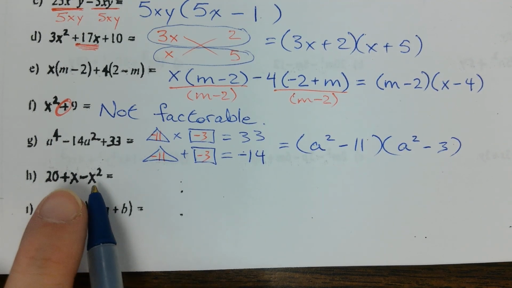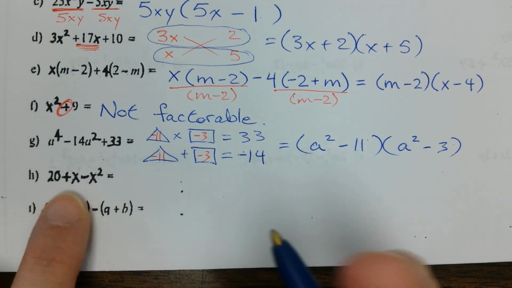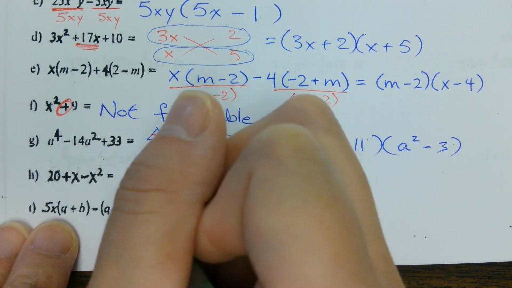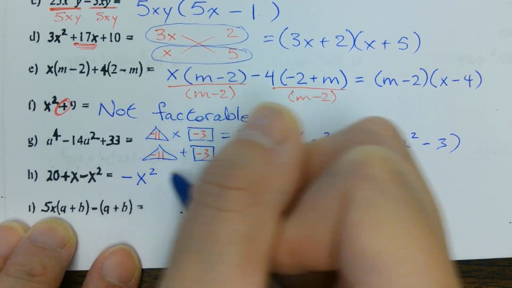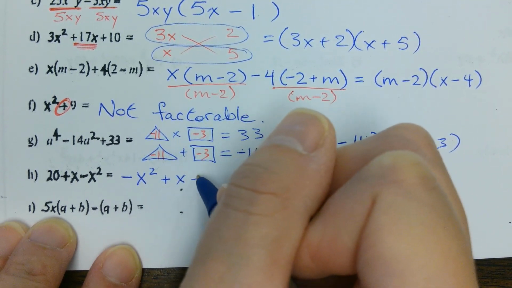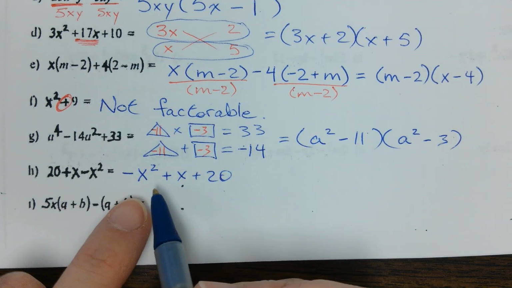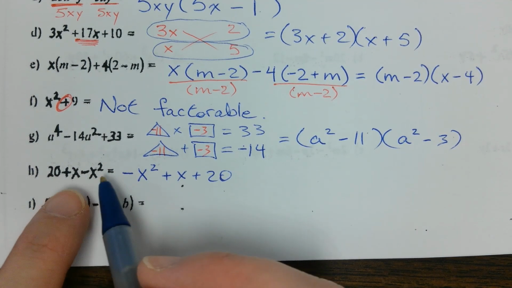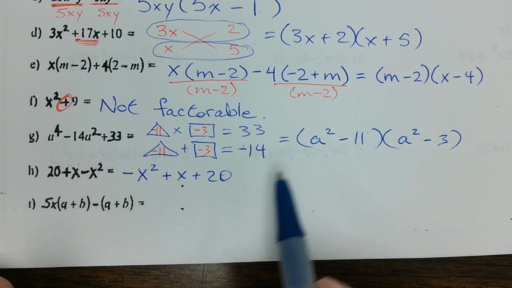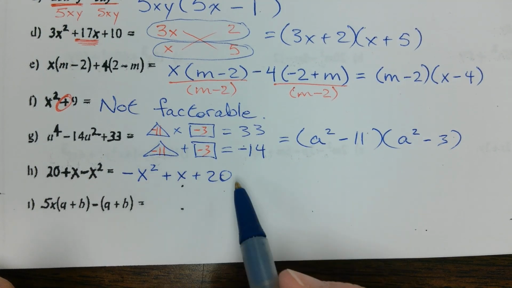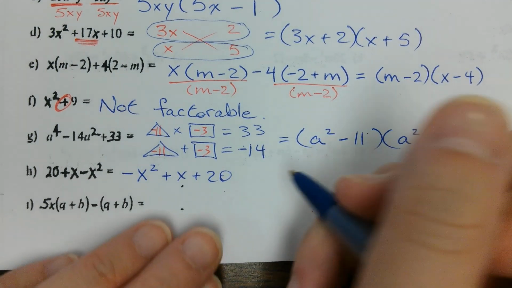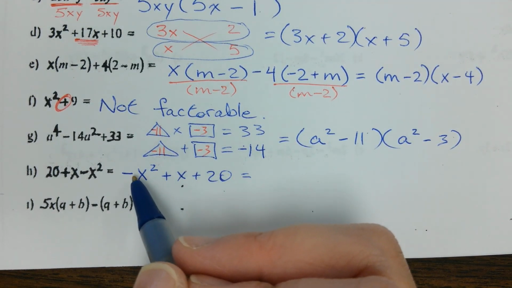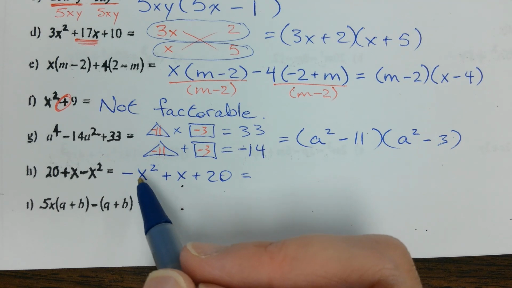Okay, for this one, you could rewrite this as negative x squared plus x plus 20. Notice I didn't change any of the signs. I just rewrote it in a different order. You cannot just change the sign in everything. Once you have this, I cannot do triangle and square because my a is not just 1, it's negative 1.